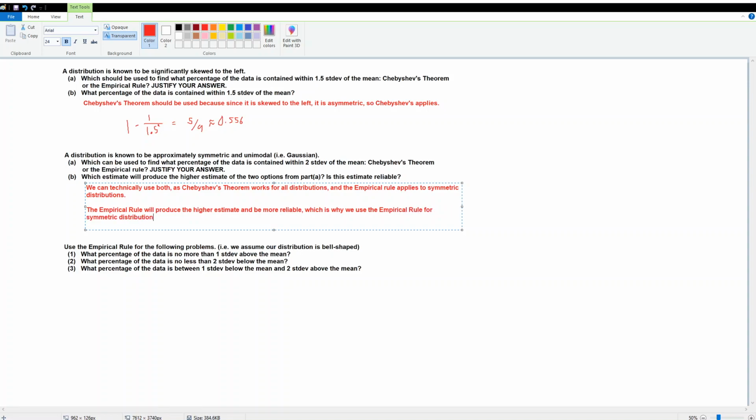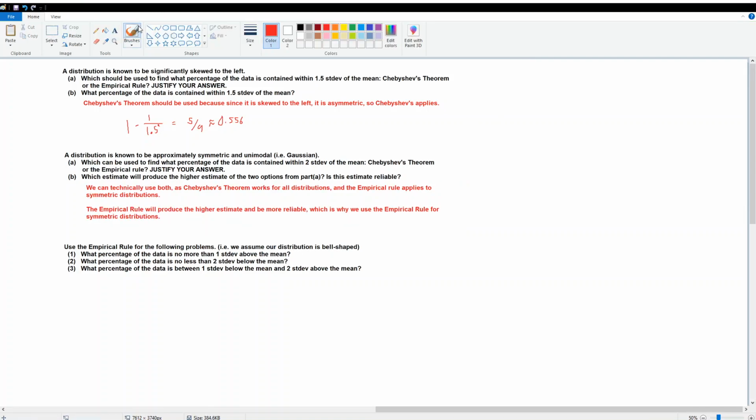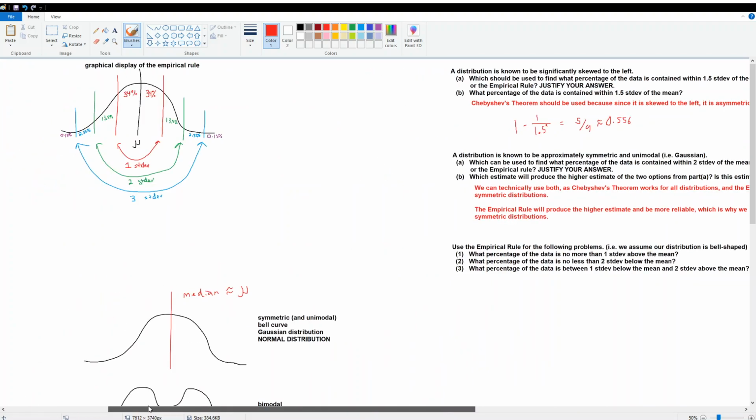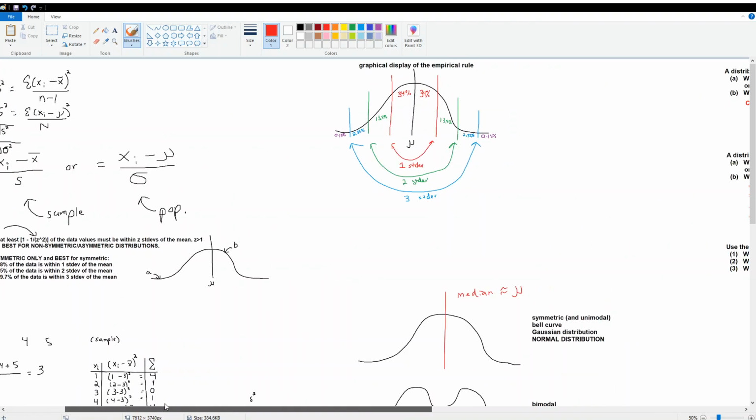But here, I want to show you why, not just merely say it, but show you. For Chebyshev's, we'd have 1 minus 1 over 2 squared, because if we're 2 standard deviations from the mean, the z-score is 2. So 1 minus 1/4, 3/4. So 0.75. The empirical rule, 2 standard deviations of the mean, 95%.